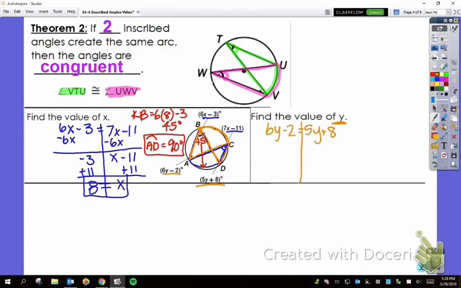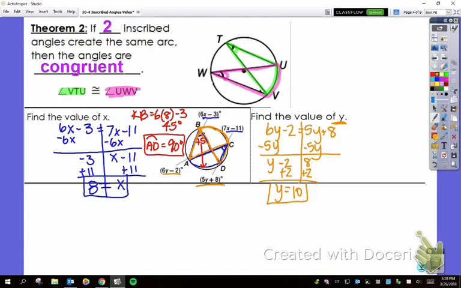And then we are solving, so we're going to subtract 5y. We get y minus 2 equals 8. Add 2, and we get y equals 10. Okay? So, if the angles share the same arc, then they are congruent. That is theorem number 2.